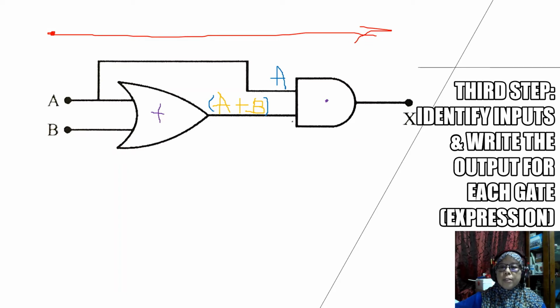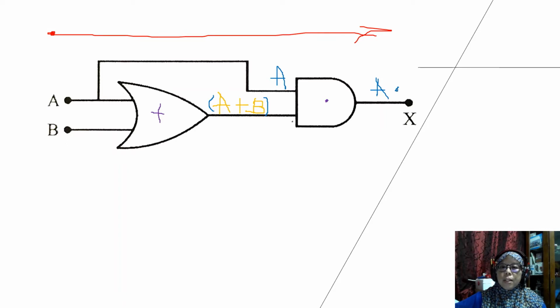Jadi kita hubungkan dia. So dihubungkan antara these two input with AND gate. Okay, jadi output di sini adalah, the first input is A. We have A here. The second input is A or B dihubungkan dengan AND. Jadi AND, second input is A or B.